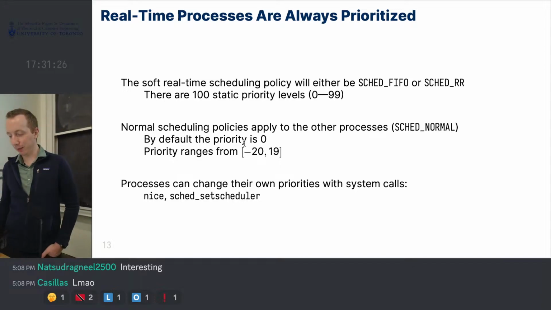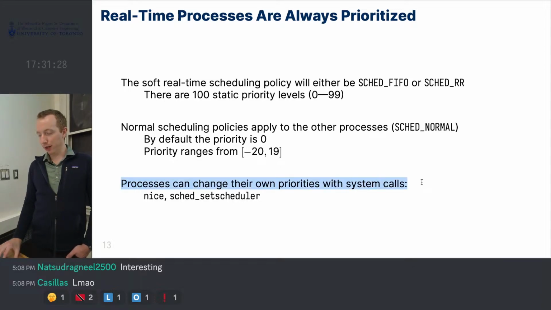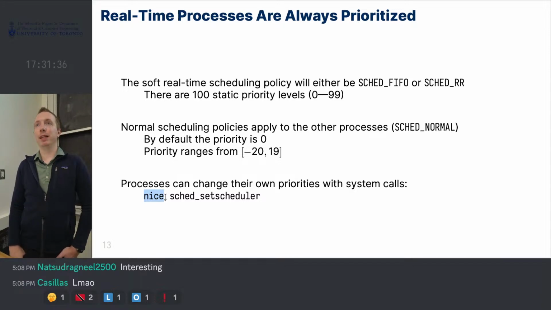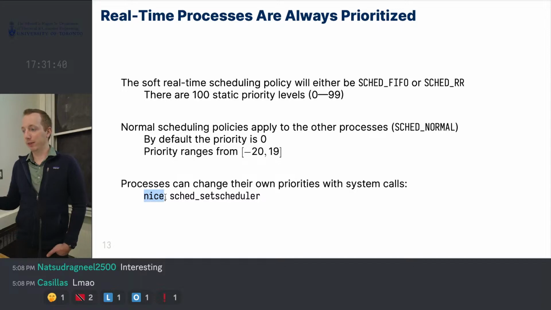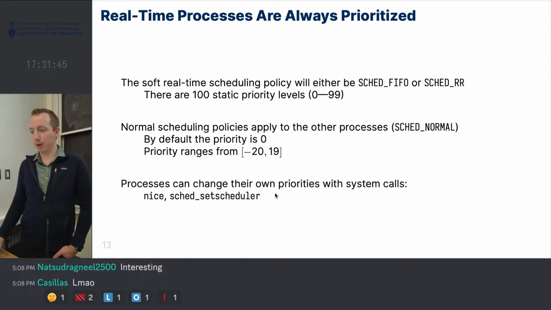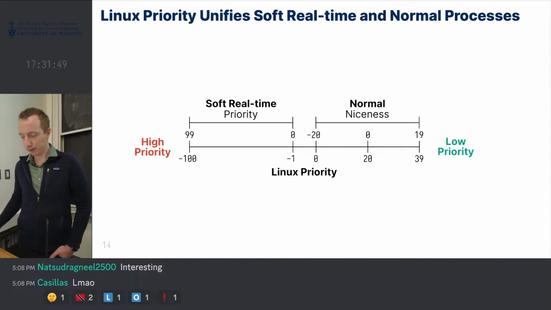It's one way to think about it. There are actually system calls for this, so you can change your niceness by using a system call called nice. So you could decide that your process is going to be less nice and therefore have a higher priority. You could just set your own priority, and there's also a set scheduler system call. So there's ways to interact with the kernel.